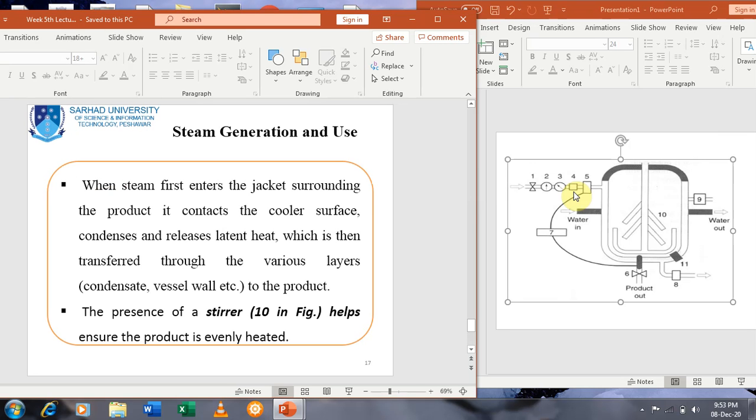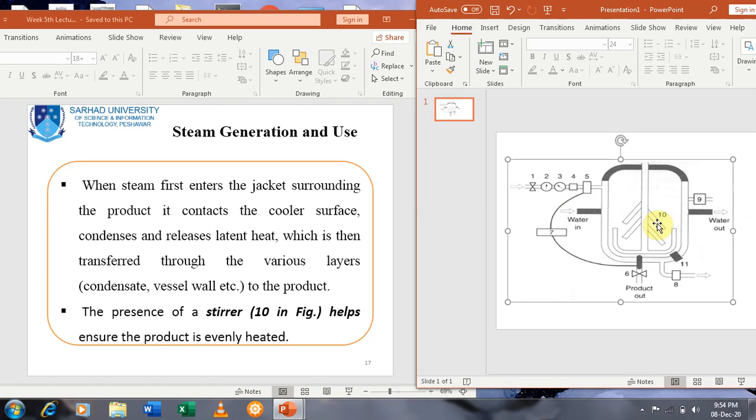And the 8th one, that is outlet, and water outlet is 9th. In another figure, the prominent parts are 1, 2, 3, 4, 5, 7, and the 10 is the stirrer, and 6 is product out, and 8 is also outlet, and 9 is for outlet as well.